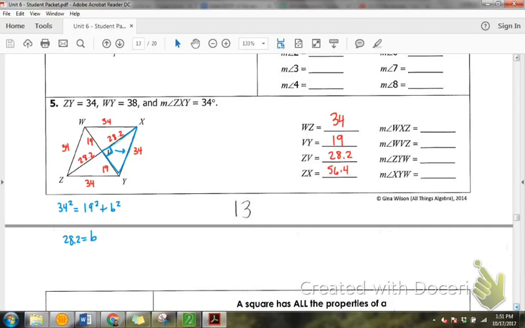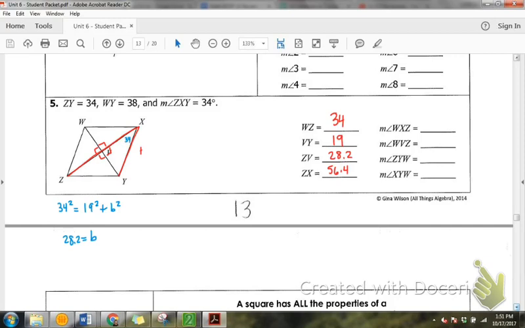Okay, now they're asking us for our angles. What do we know about the angles in the middle, first of all? They're all 90. So let's draw that before we do anything else. We know that all those angles in the middle are 90. And then it says that ZXY, from Z to X to Y, is 34.